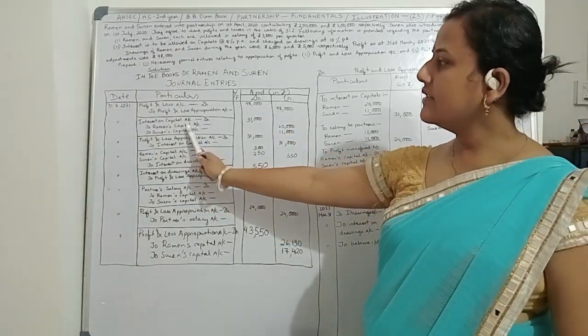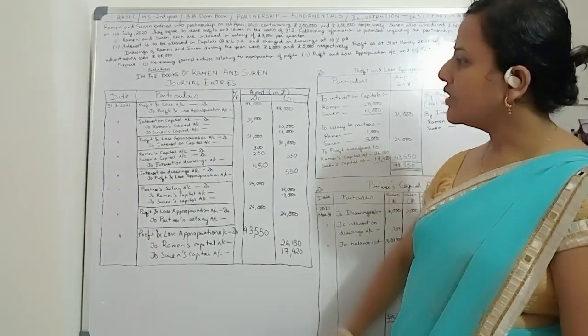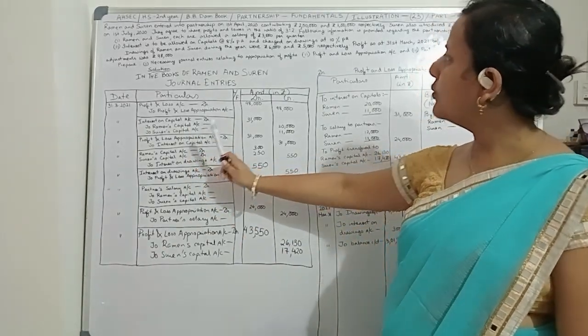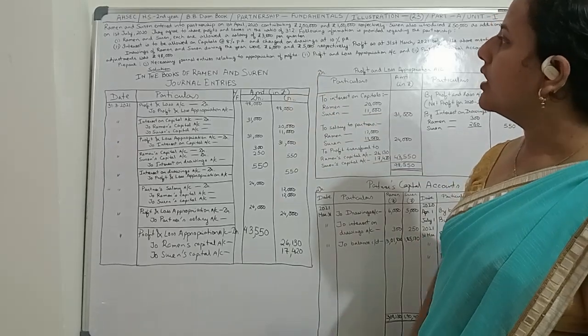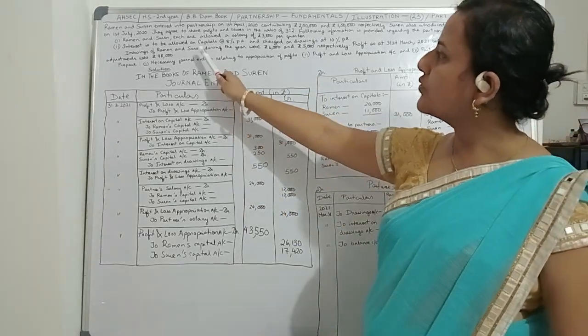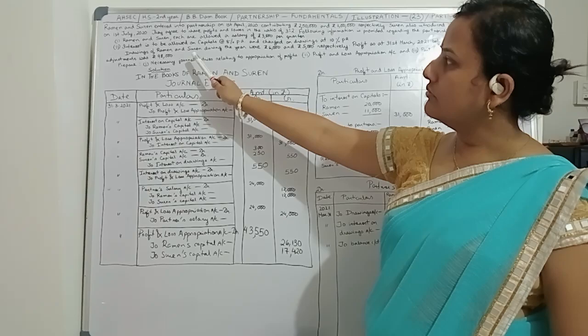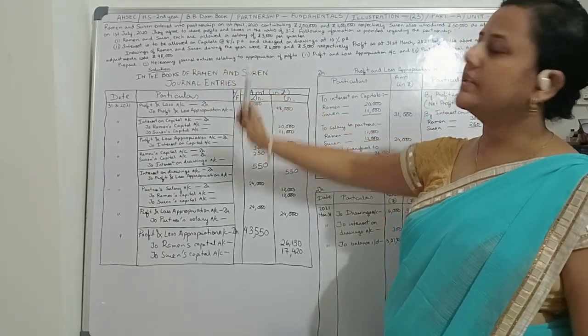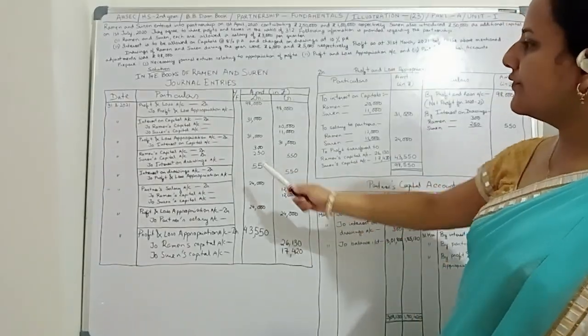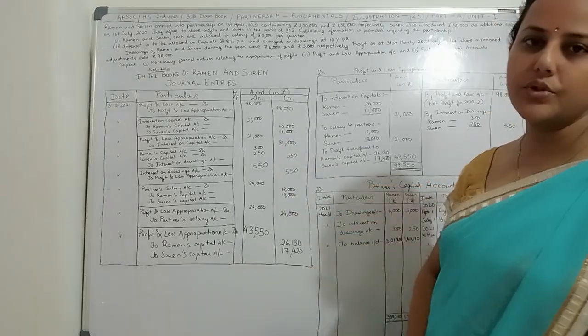Then there is interest on capital. Ramesh's capital was 2,50,000, on which interest is allowed at the rate of 8% per annum. If you calculate, you will get 20,000.